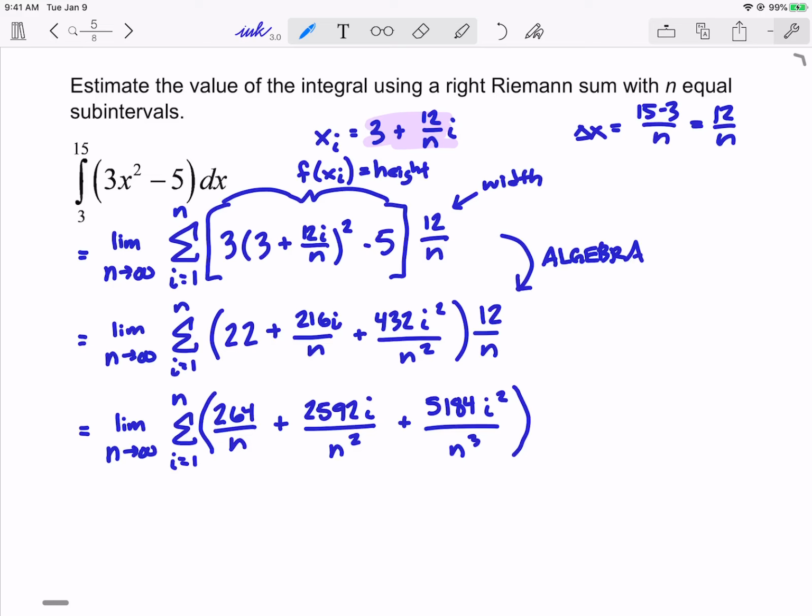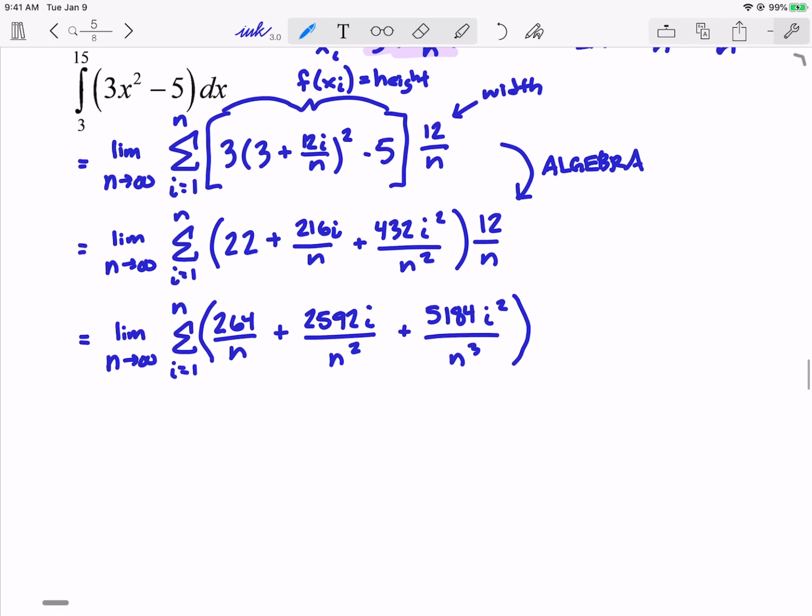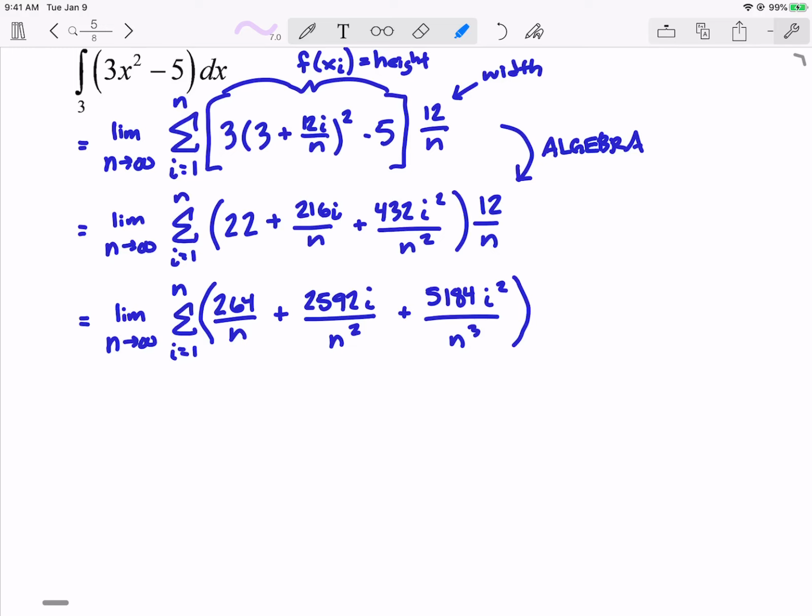Now there's some important properties of summations that I just don't have the time to cover every single one of them. But because I'm doing a summation with an index of i, that is, I'm changing i, I'm going to plug in 1 for i, then I'm going to plug in 2, then I'm going to plug in 3, etc., all the way to infinity, and then I'm going to add all of those things up.